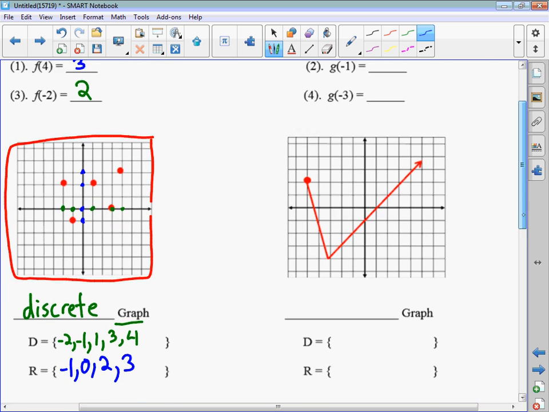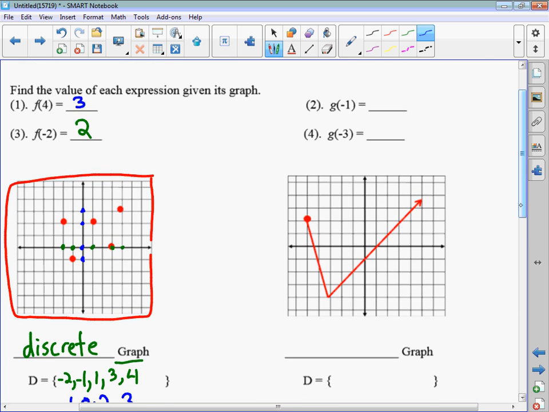Looking over here at this next graph, it says g of negative 1. So I'm going to go to the x value of negative 1 and then find the graph. That's right here. That is the point. It is at negative 1, negative 2. So my graph was found at negative 2. Now if I do the same thing for negative 3, 1, 2, 3, I go down to the graph, and I know that the picture is just a little bit off, but we are going to pretend like it's not.